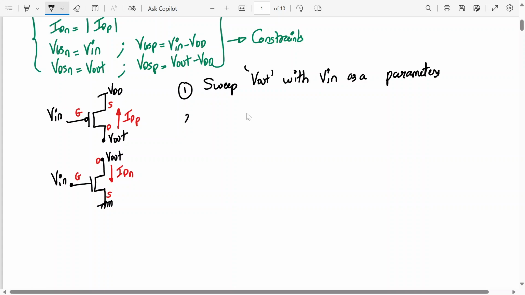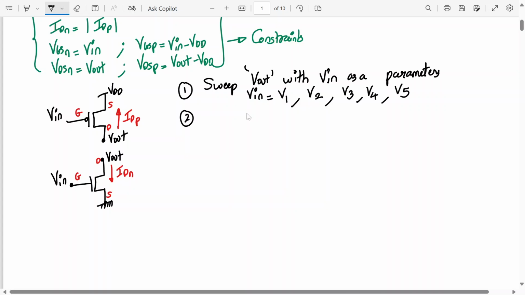So we will be plotting the graph of IDP versus VDS, basically the output characteristics. Let's say we take V in as 5 parameter values. So we are sweeping V out with V in as a parameter, V in equal to V1, V2, V3, V4, V5.